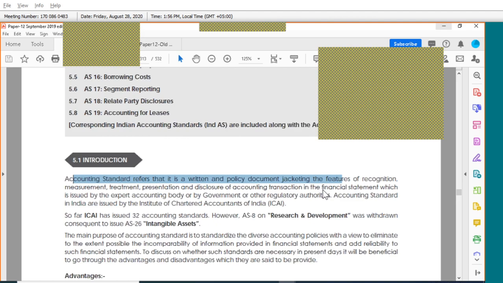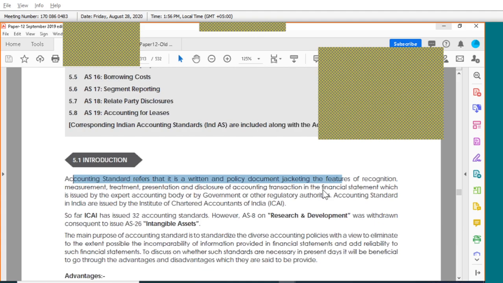In AS10 Plant Property Equipment, they mentioned when you are purchasing the asset, the first question is whether that is an asset or not. That is the first question. Okay, that is recognition. Recognition means you are recognizing that particular item as an asset. Then the next thing is recognizing in books of accounts, that is very, very important.